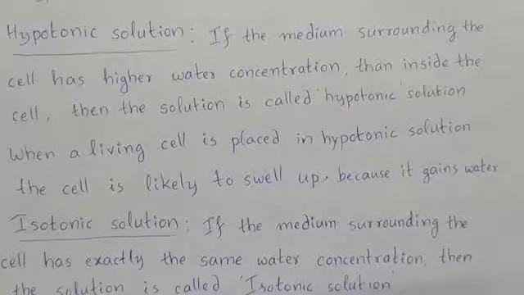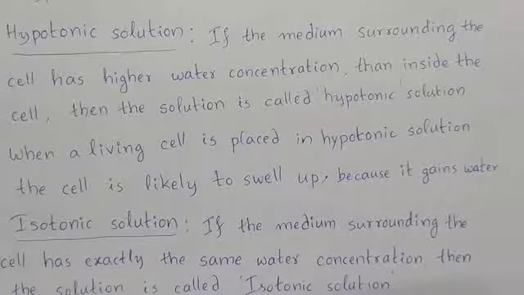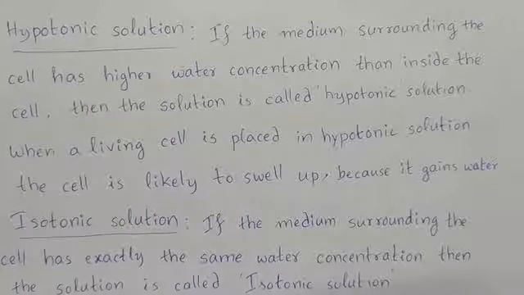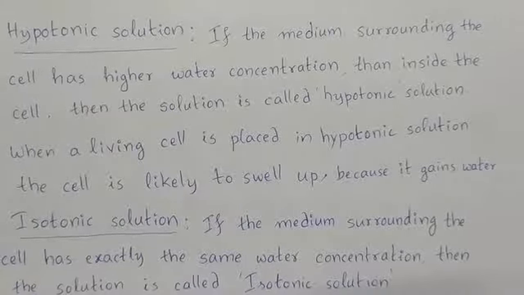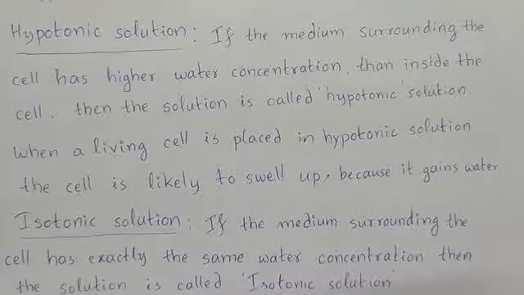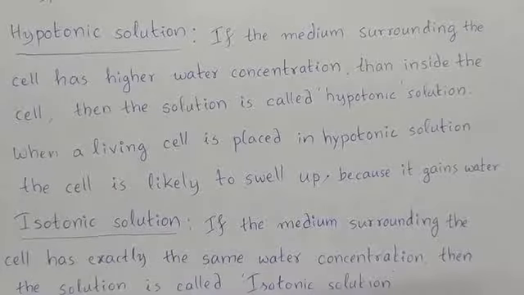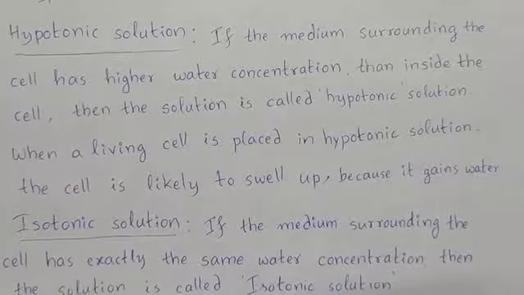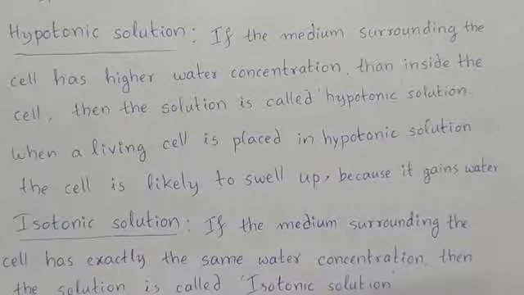Then the medium surrounding the cell is said to be hypotonic solution. Here water is higher concentration, that means dilute. So the surrounding medium is more dilute than inside the cell. So it is called hypotonic solution.